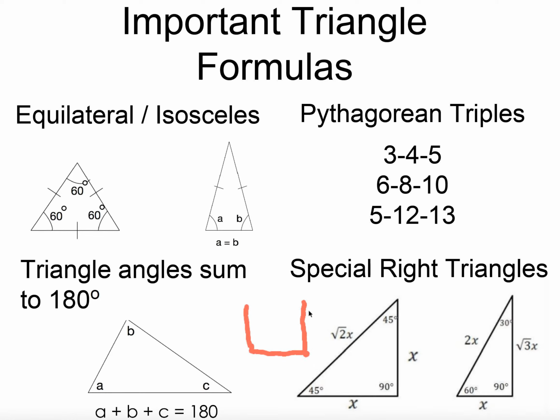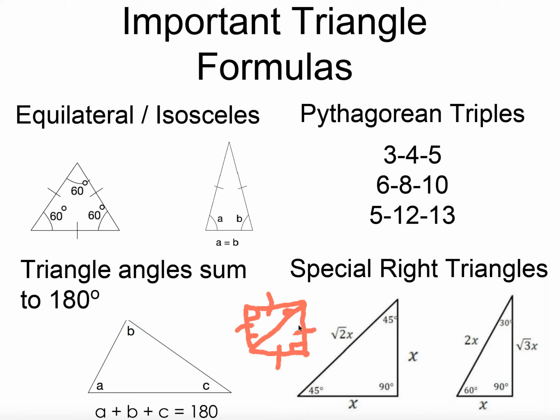For the 45, 45, 90s, this usually comes from a square, where you have to divide it into two equal triangles. Or maybe the square is already divided for you, and then you have to figure out certain things about the square by realizing that, since it's a square, all the sides measure the same. We basically have two isosceles triangles here, and they're both right isosceles triangles, so they must be 45, 45, 90s.